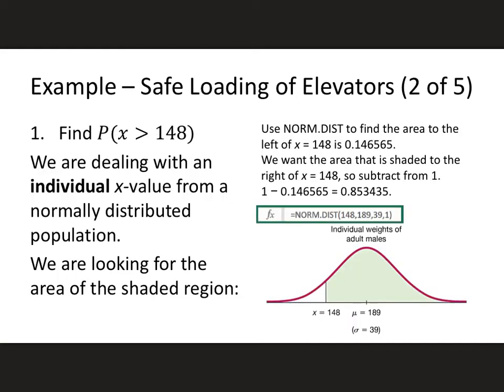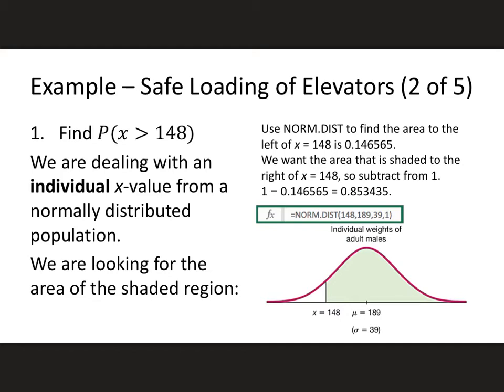We are looking first for the probability that a single male has a weight of greater than 148 pounds. So we are dealing with an individual X value from the normal population distribution, so you should have P(X > 148). We are working with a normal distribution, so you're going to be looking at using that norm.dist.